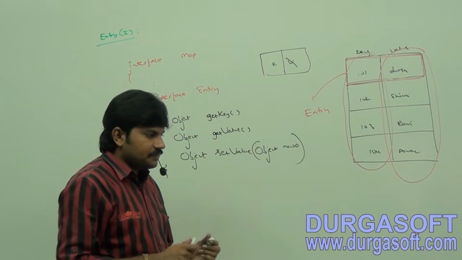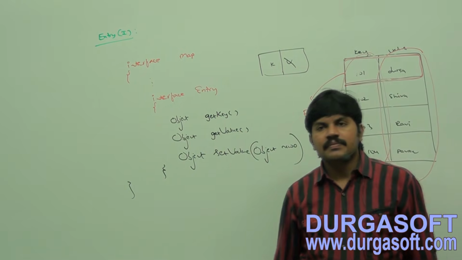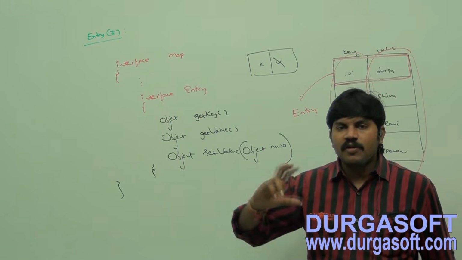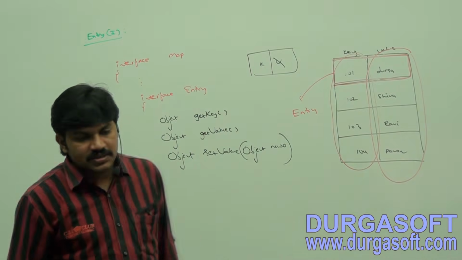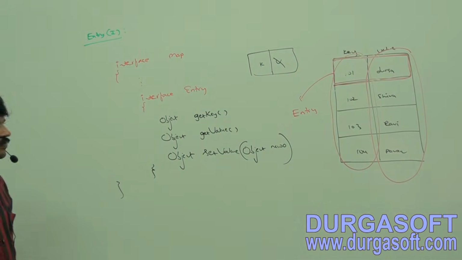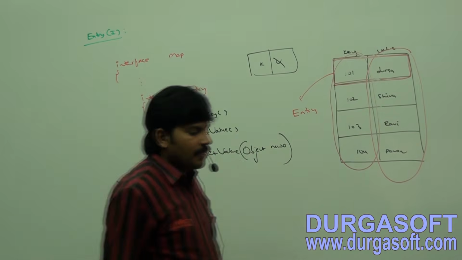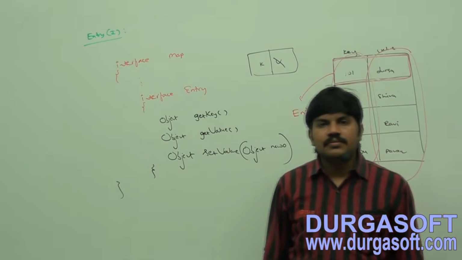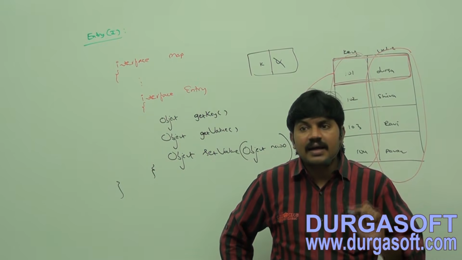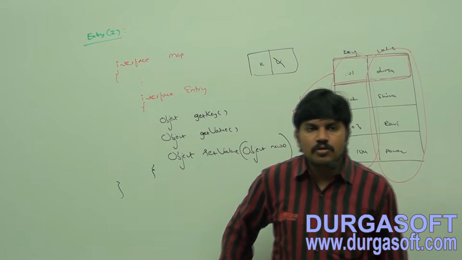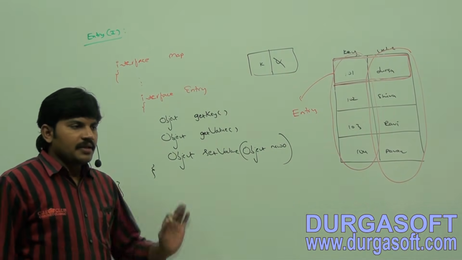Keep submitting. Entry: a Map is a group of key-value pairs, and each key-value pair is called an entry.